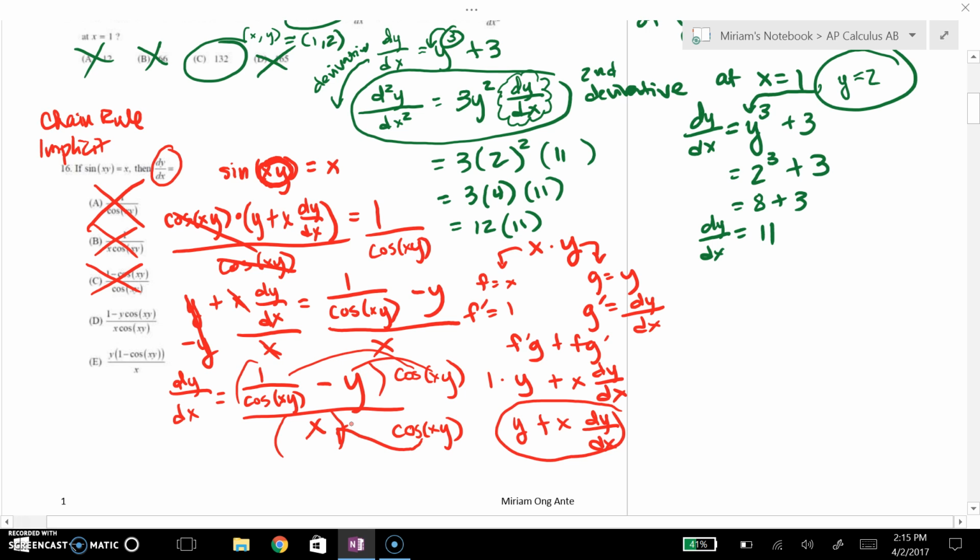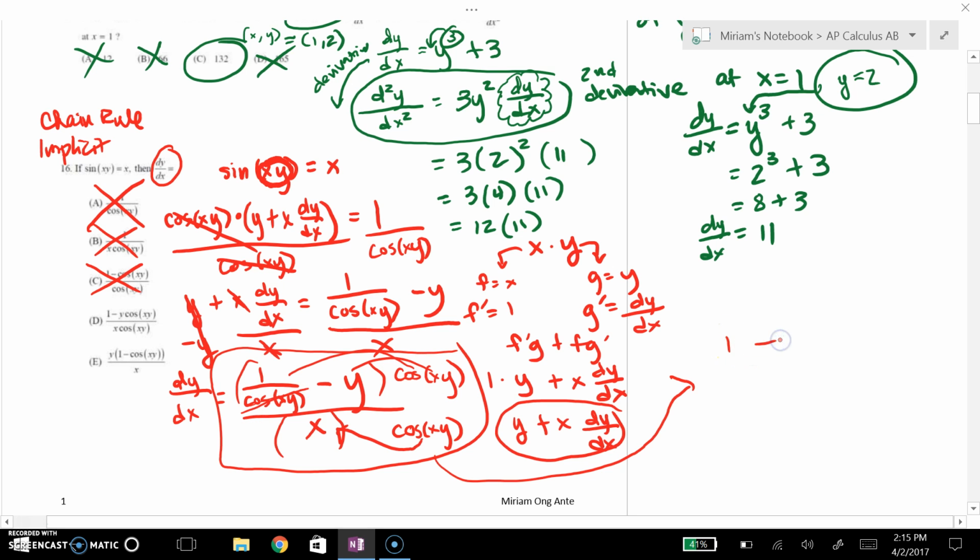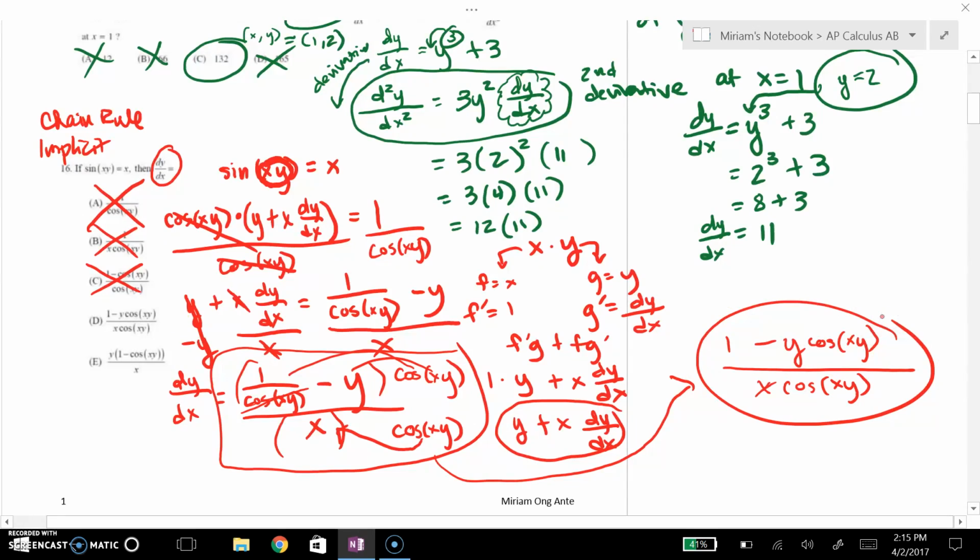I'm going to move this whole thing over here. Cosine xy times 1 over cosine xy will cancel. I'm left with 1 minus y times cosine xy is y cosine xy, divided by x times cosine xy is x cosine xy. This is dy over dx.